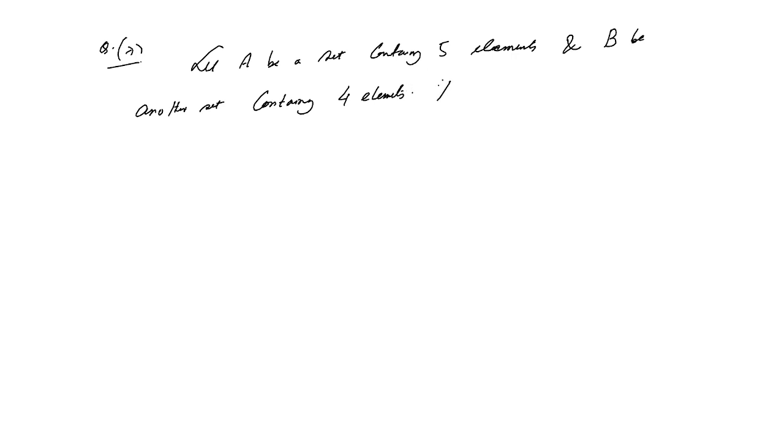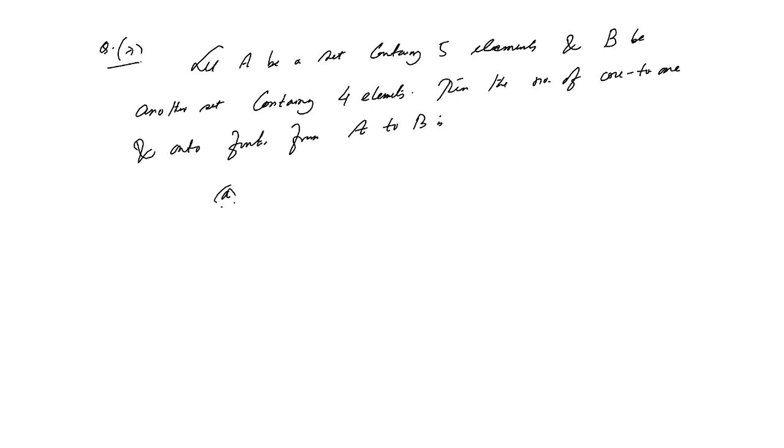Then the number of one-to-one and onto functions, that means injective and surjective, from A to B is: option A 120, option B 60, option C 24, and option D 0. So this will be the correct option.